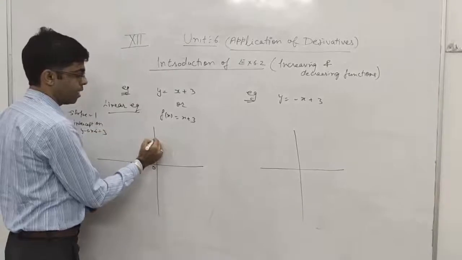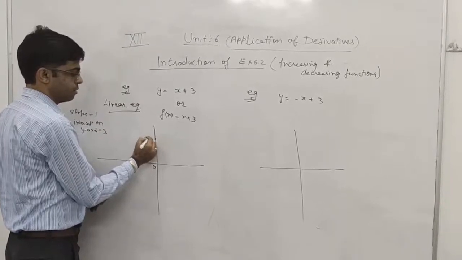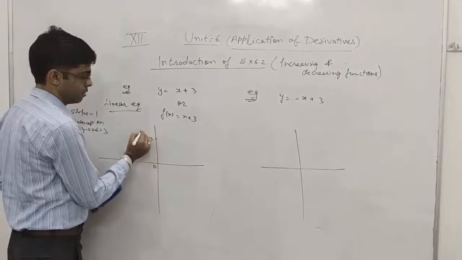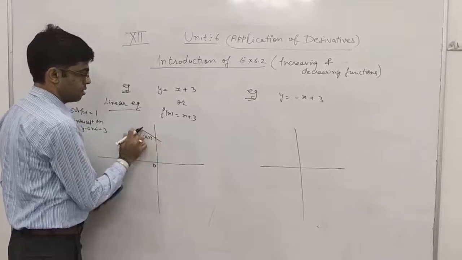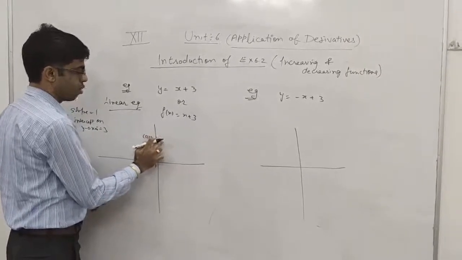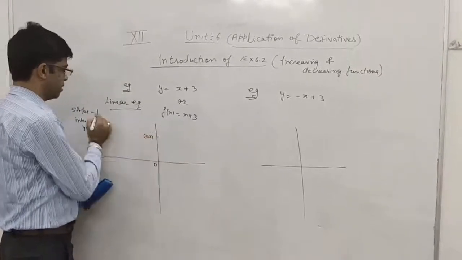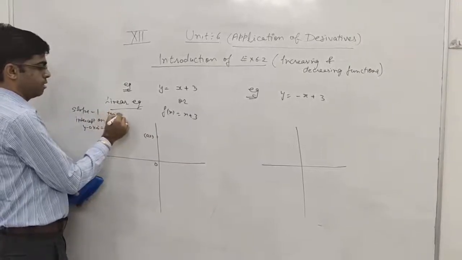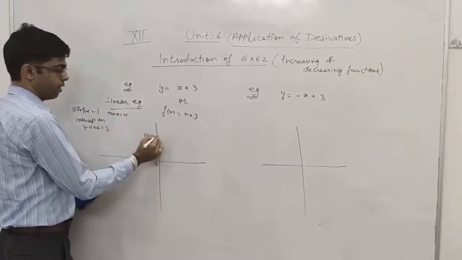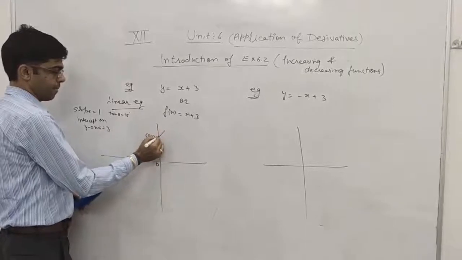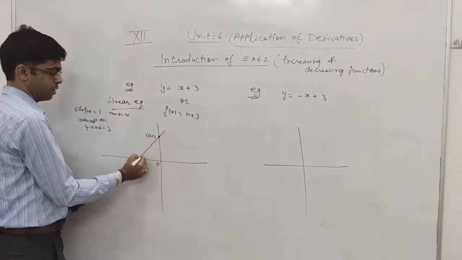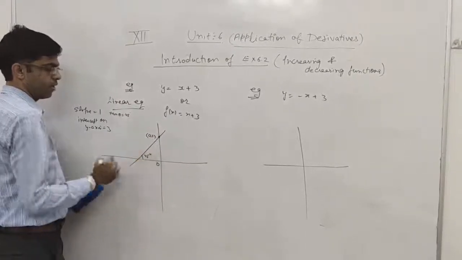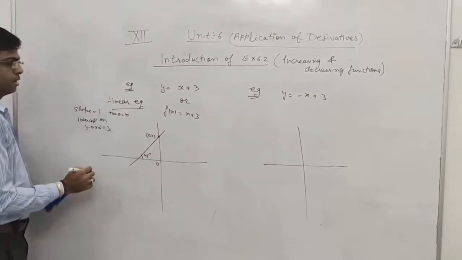So the graph will be like this. Slope is 1 means tan theta is 1, so the angle is 45 degrees. The graph will be like this.